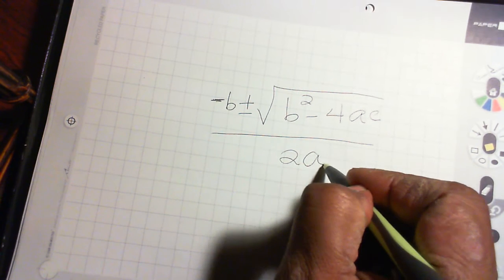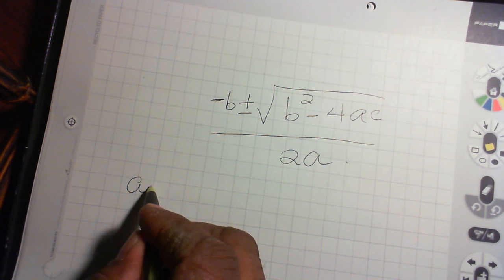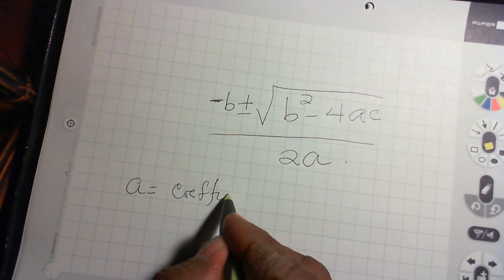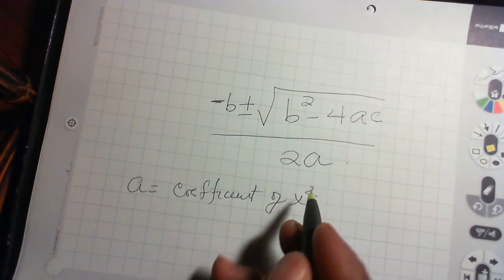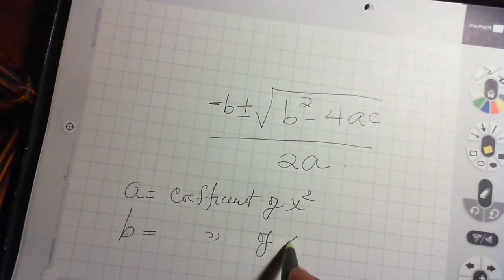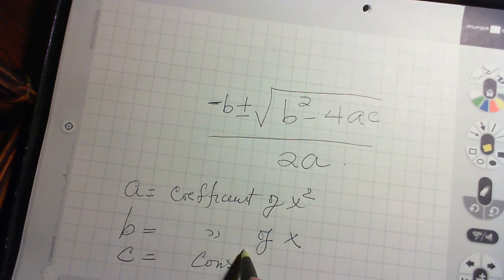Very important to remember that because it always comes in handy when you cannot factor. Remember, a is the coefficient of x squared, b is the coefficient of x, and c is the constant.